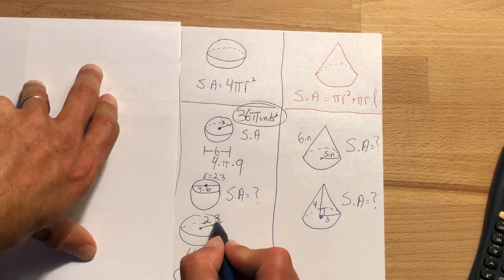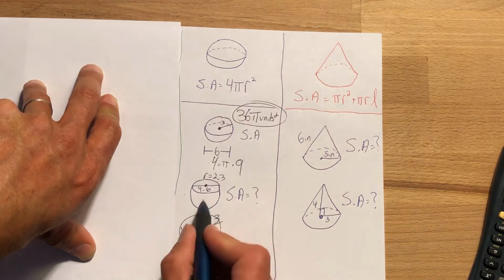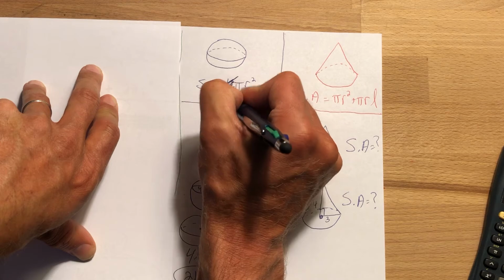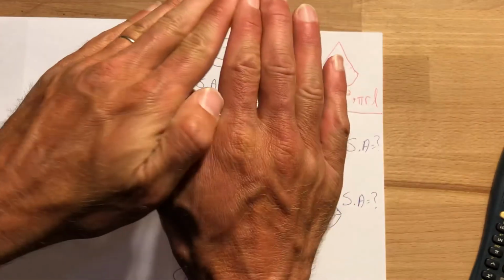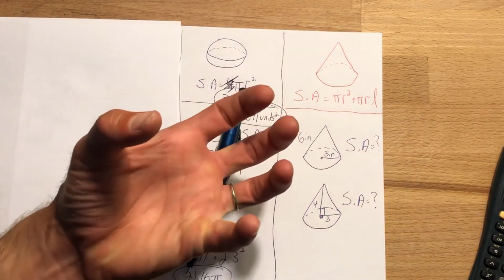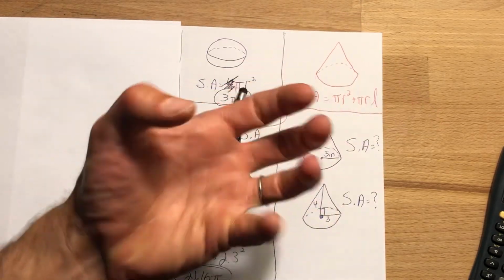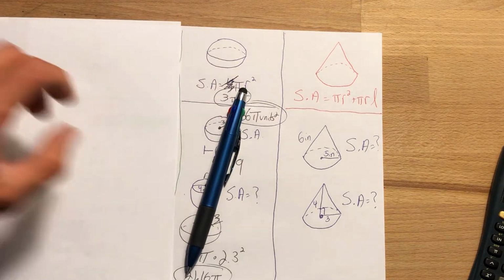The surface area of a hemisphere is not 4 pi r squared. If you have half of it, it's actually 3 pi r squared, because you have the curved half of the ball, and then you have that bottom circle. So this is 2 pi r squared plus the bottom circle of another pi r squared, which gives you 3 pi r squared.